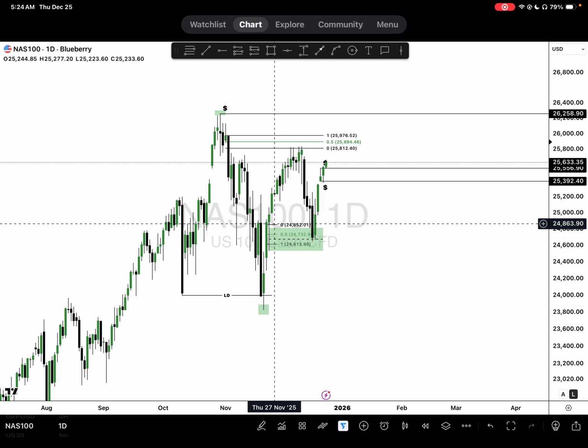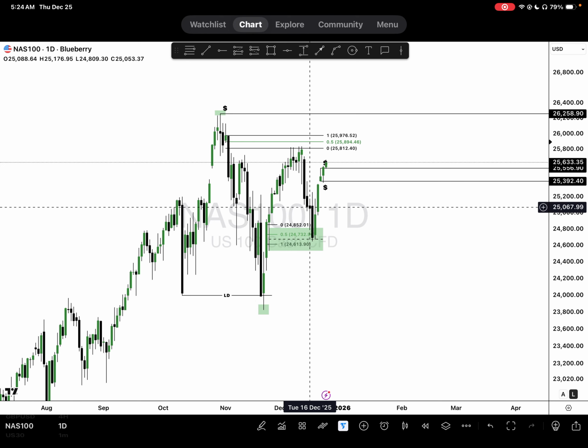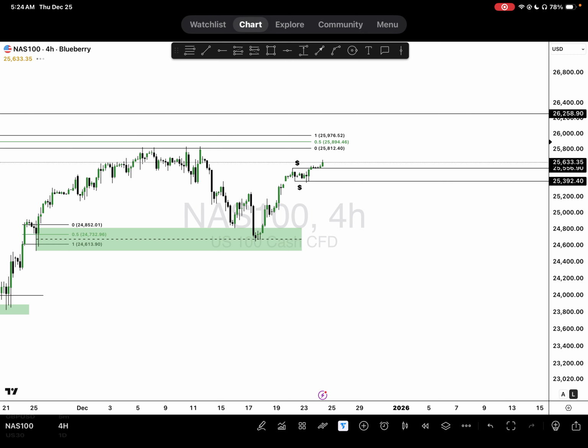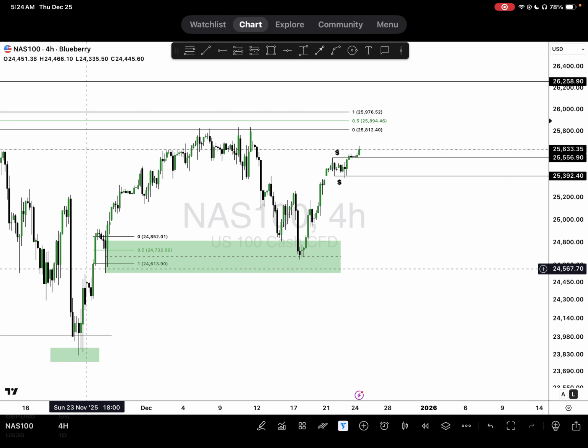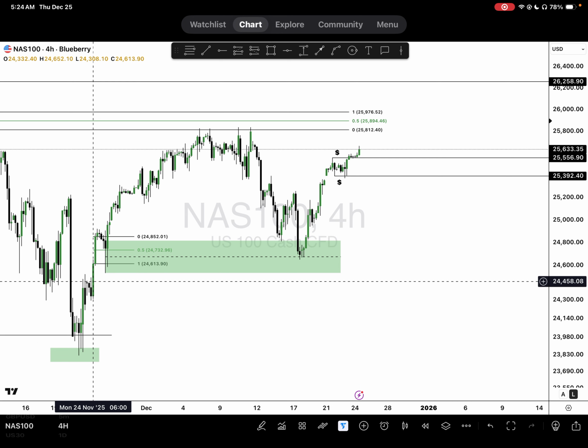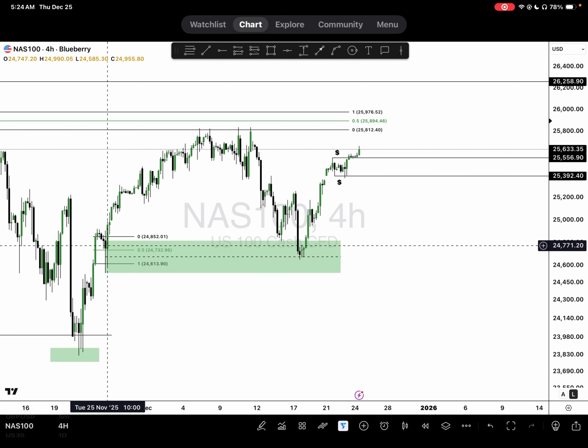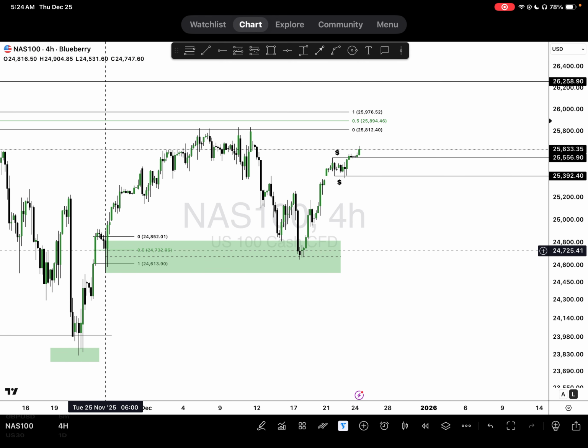Now we were trying to figure out why price pulled back here and didn't go any lower. That was when I went down to the 4 hour time frame and started assessing the price action more deeply, and not seeing this as a price gap, but more so seeing this portion as a price gap and then this candle mitigating 100% of it, and that ended up being my area of interest.